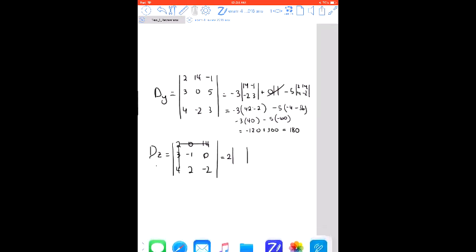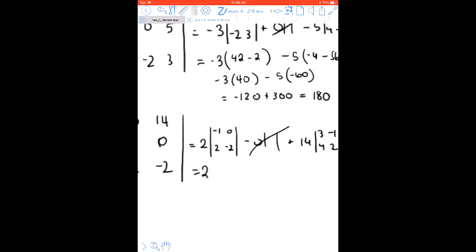If you cross out the row and column containing the 2, you'd have negative 1, 0, 2, negative 2, and then I've got minus, but then it's a 0, so 0 times anything is gone, then plus 14. Cross out the column and the row containing the 14, you got 3, negative 1, and then 4, 2. So the determinant of this matrix is 2 minus 0.